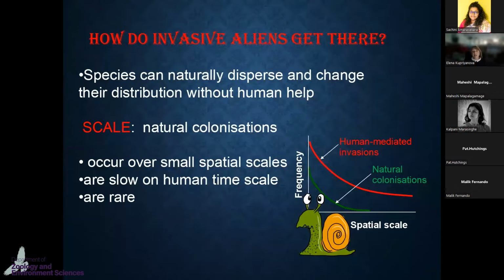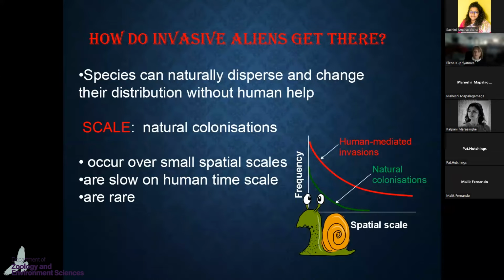The question is, how do invasive aliens actually get there? Well, it's tempting to say that it's all our fault, that it's humans' fault, but there is something to keep in mind. Organisms naturally migrated, changed their distribution, and colonized new habitats as a part of their biological evolution. The difference, however, is the scale.